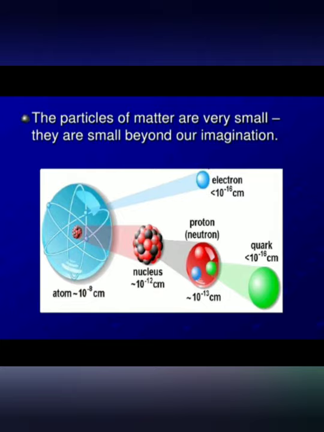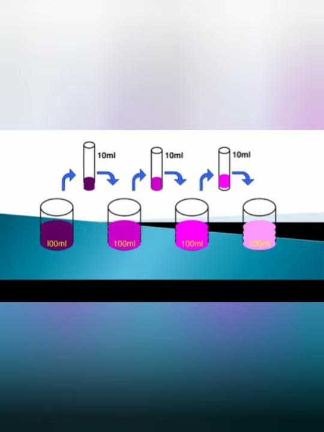Put a few crystals of potassium permanganate, purple in color, in water. And the water is taken in a glass cylinder. The color of the solution will be very dark. In the next step, transfer a part of this solution into one more cylinder and fill it with water again.